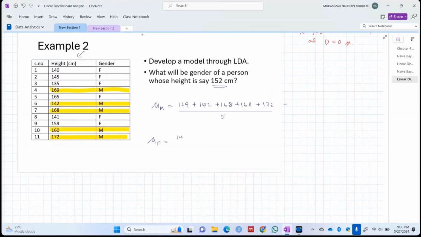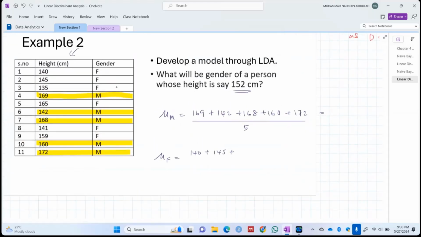For female, this is 140 plus 145 plus 135 plus 165 plus 141 plus 159, divided by how many observations? 6, right? So what is the value of the mean for male and the mean for female? Mean height for male, mean height for female.